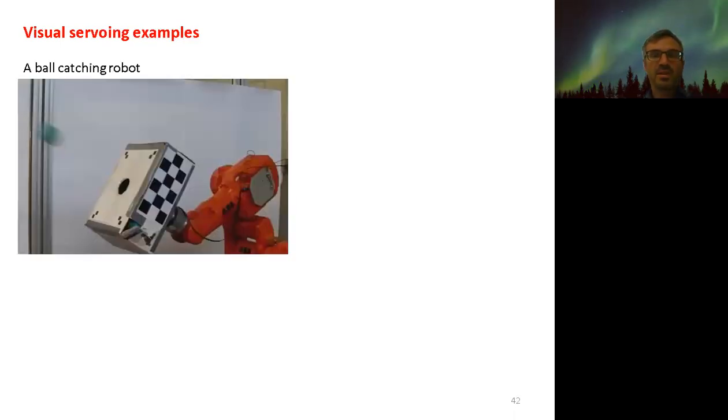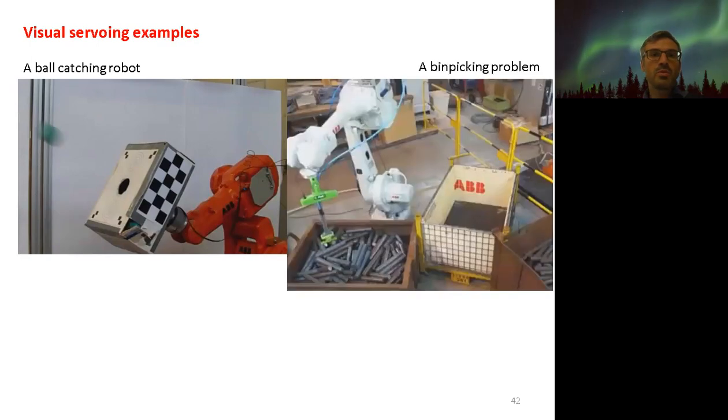And some examples of visual servoing, you can have, for example, the robot trying to catch a ball that is flying. Or a more useful example in industry is whenever you need to pick and place an object, picking an object from a box.